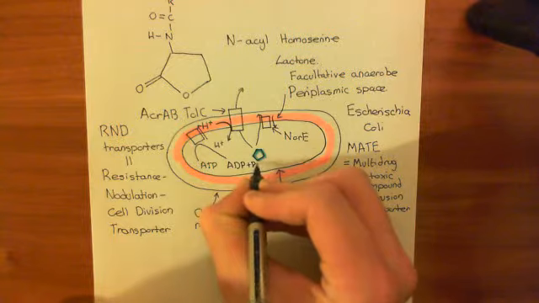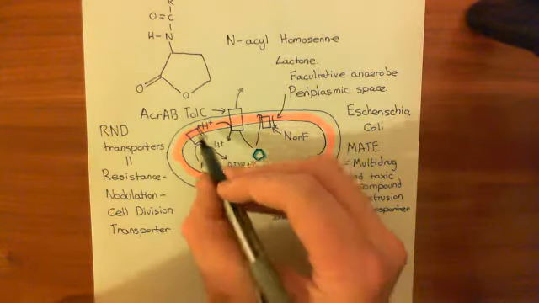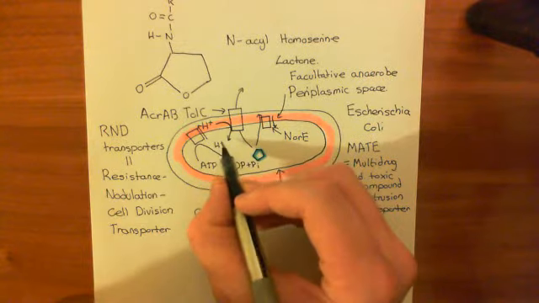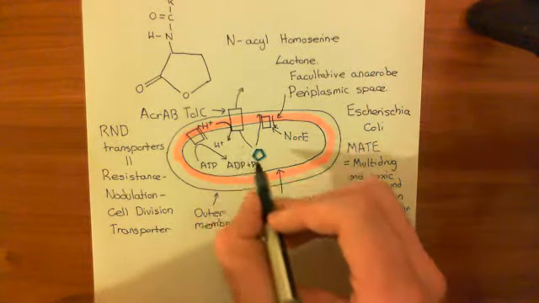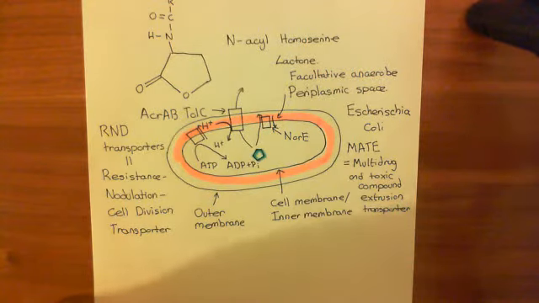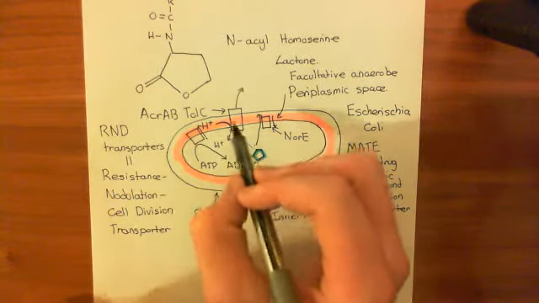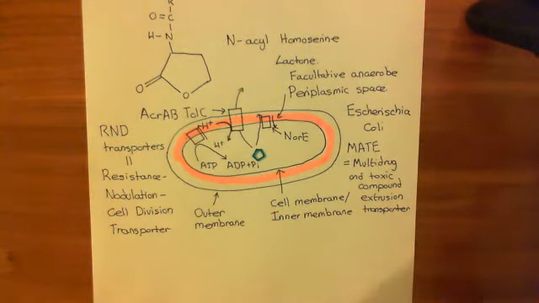So it will actually put energy in to establish this proton gradient, so that then protons can move back down their electrochemical gradient, and that movement can be coupled to the movement of other molecules such as N-acyl homoserine lactones out of the cell. And both NorE and AcrAB-TolC use this principle. So, this is how we extrude these N-acyl homoserine lactone molecules into the extracellular space around the bacteria.